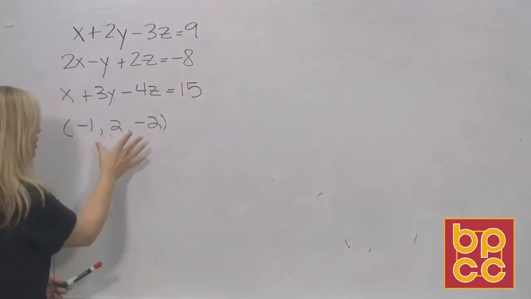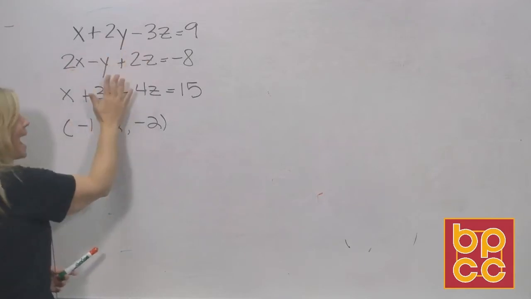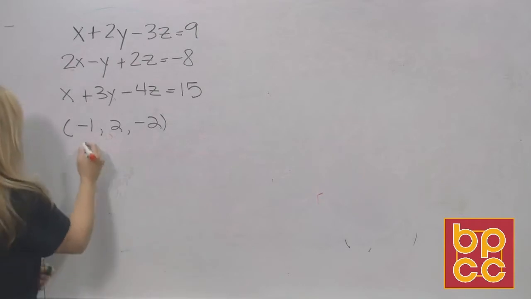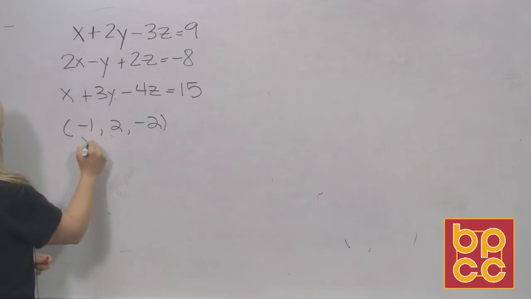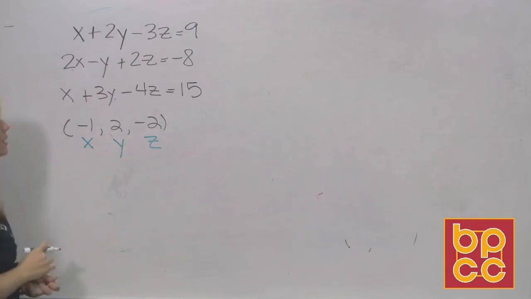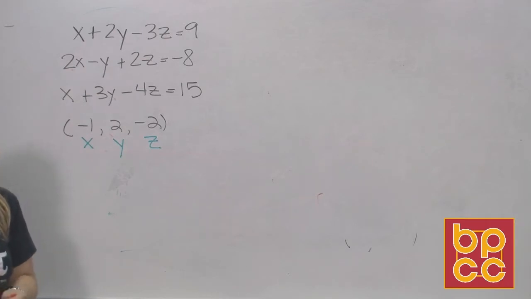How do you know if this ordered triple is the solution, the answer, without having to work all this out the long way? Well, we know the first number represents the x, the second is the y, and the third is the z. And before we ever want to actually work all this out and find out if those are the answers, what can we do with those values? That's right.